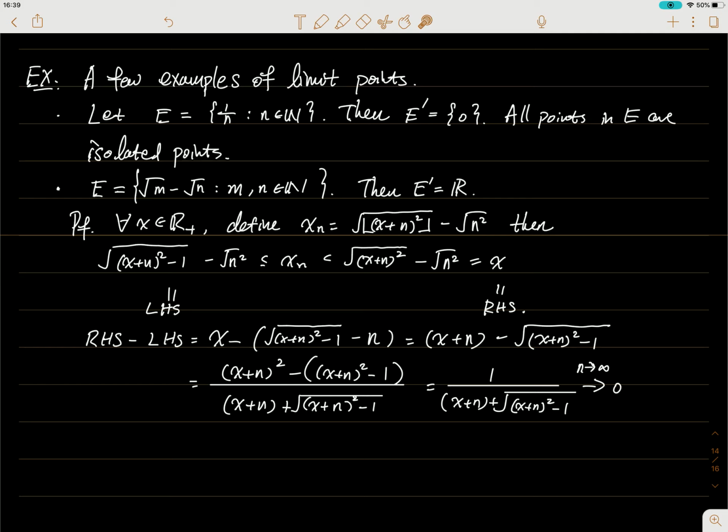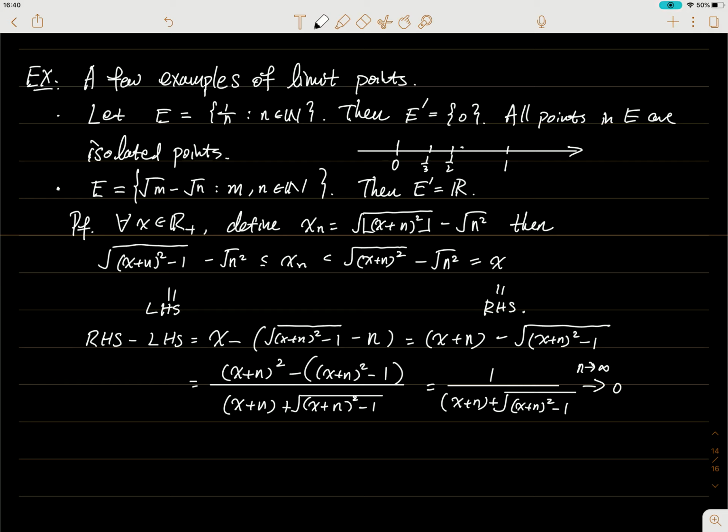You can also check there are no other limit points of E. This is the only one, and all the points in E itself are isolated points. The reason is, when we draw the line of real numbers, this is 0, which is not in E. This is 1, so 1 is included, 1/2, 1/3.